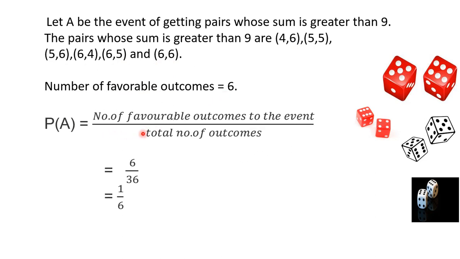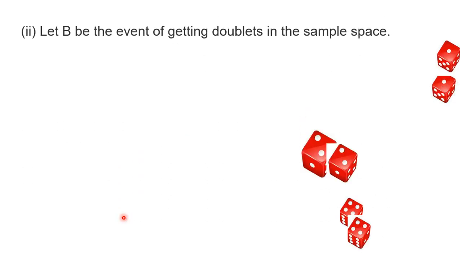As we know, probability is the number of favorable outcomes of the event to the total number of outcomes. So here it is 6 upon 36, which is equal to 1 by 6. So the probability of a sum greater than 9 is 1 by 6. Similarly, for the second question, let B be the event of getting a doublet in the sample space.